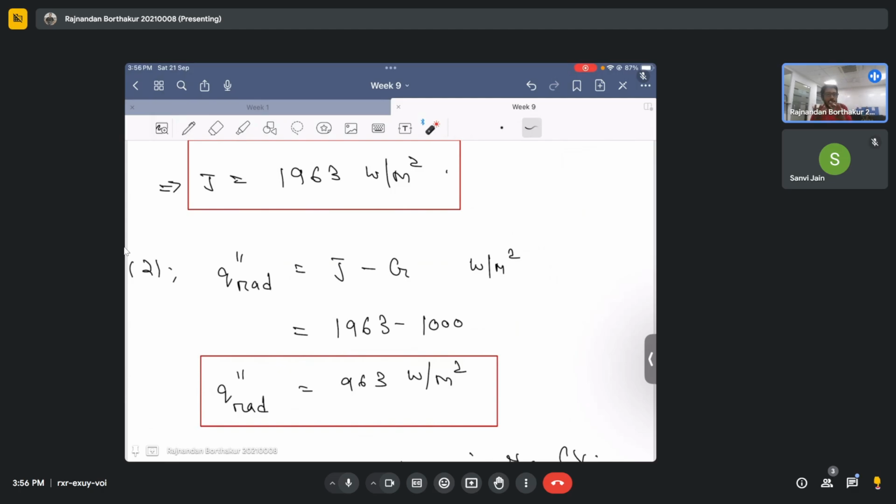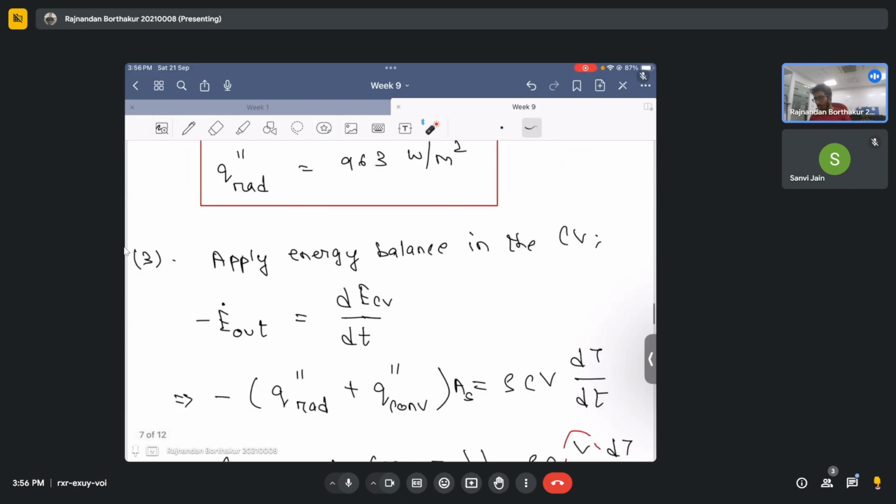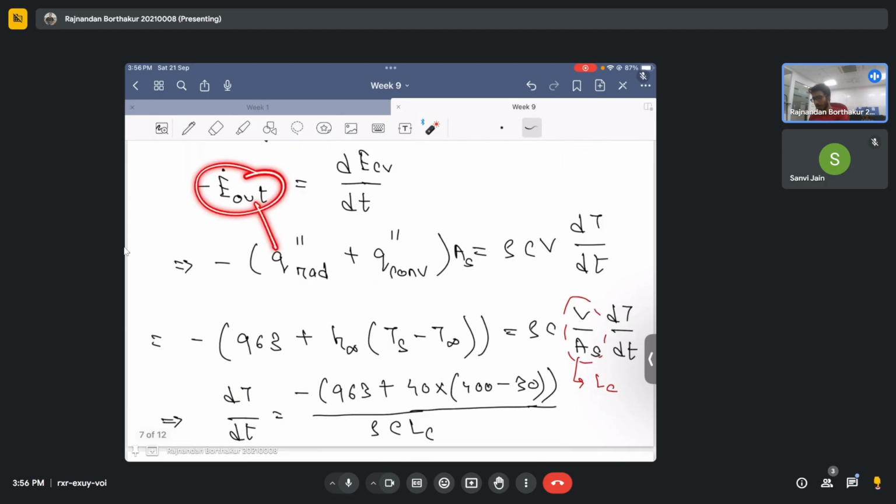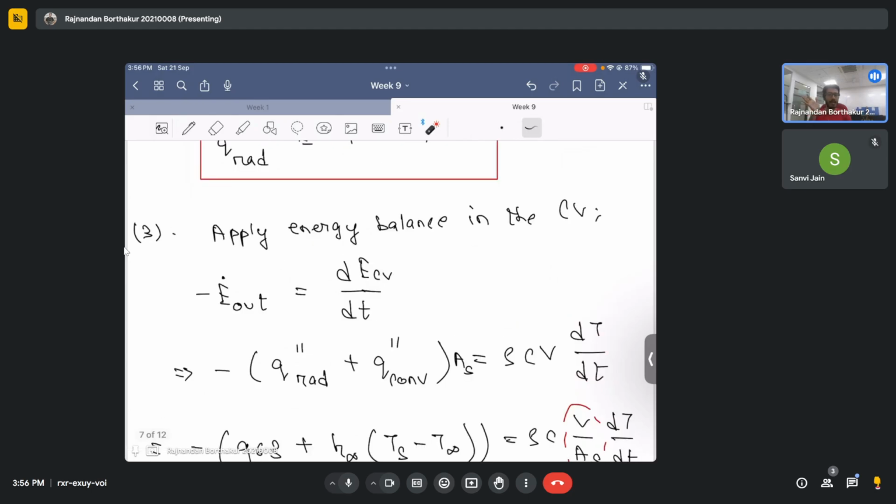These are the energies going out from the control volume, and that's why we wrote E dot out as the sum of the radiation and convection fluxes. Because these energies are going out of the body, the temperature inside the control volume will decrease with time.